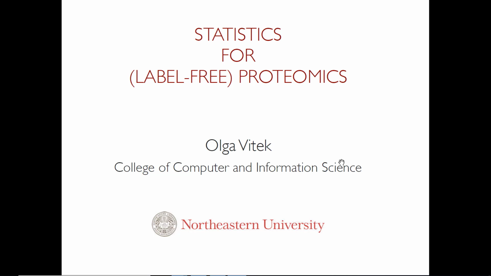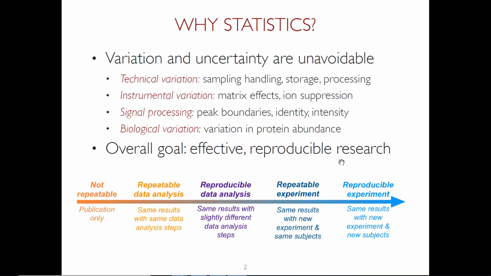So let me go ahead and start. We're now shifting gears. We are changing our topic from what we discussed in the last 2.5 days. We will be talking now about the statistical methods for design and analysis of quantitative mass spectrometry-based proteomic experiments. And we will do many things.